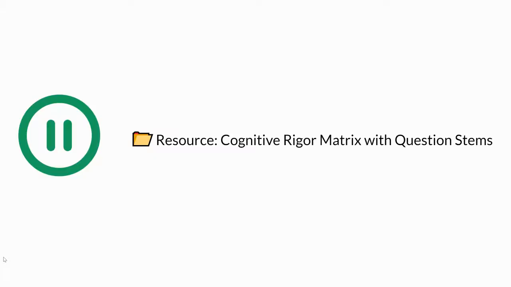Included in Module 3 is a link to a folder that has matrices that are aligned to LPS content areas. Please pause the video and locate the Cognitive Rigor Matrix with question stems in the Module 3 linked folder. Please refer to this matrix as we progress through this module.